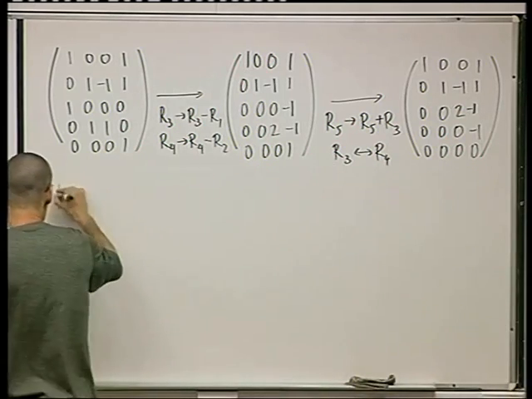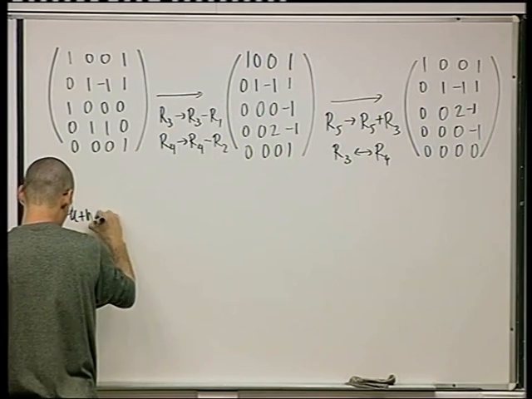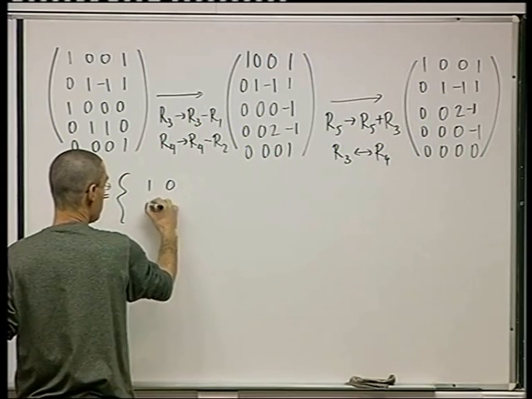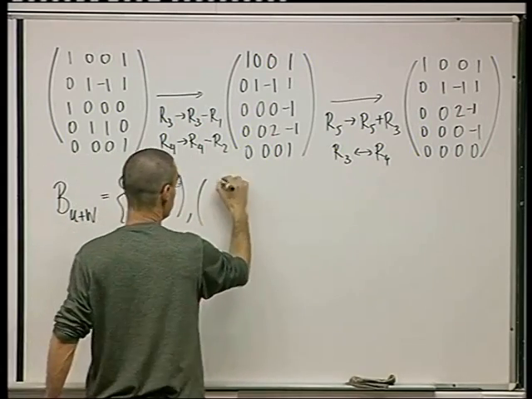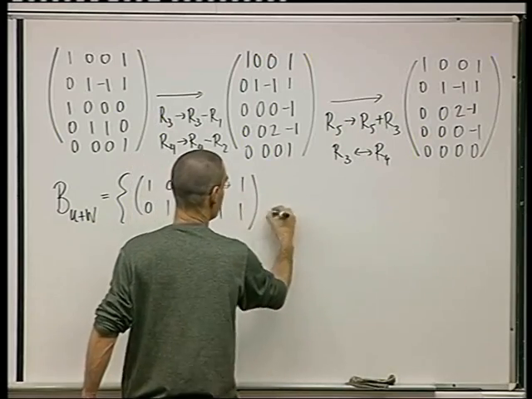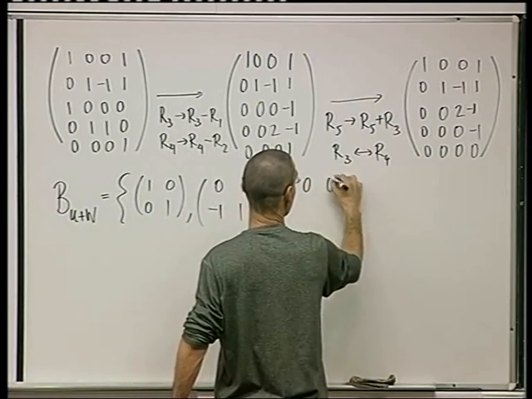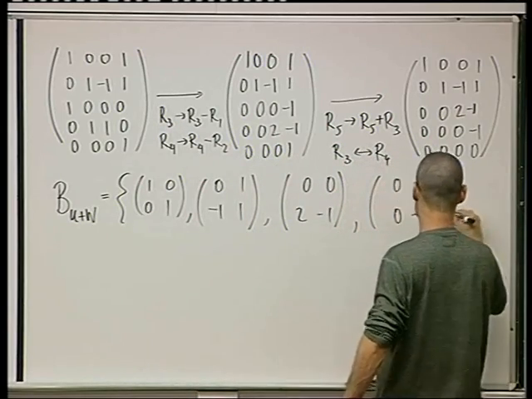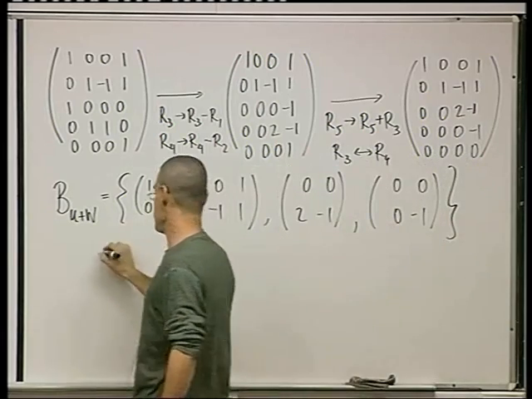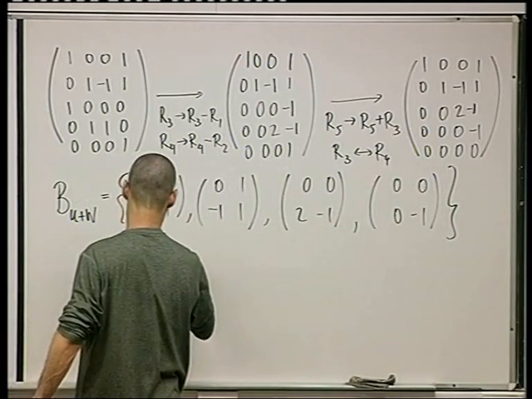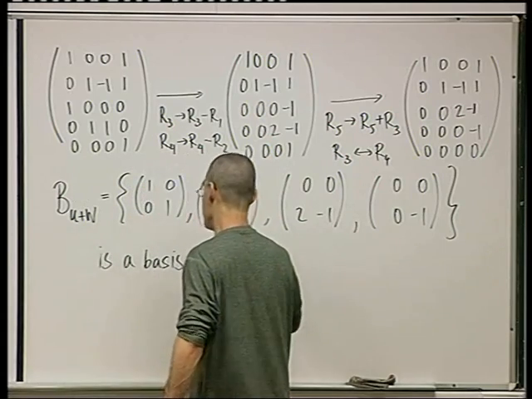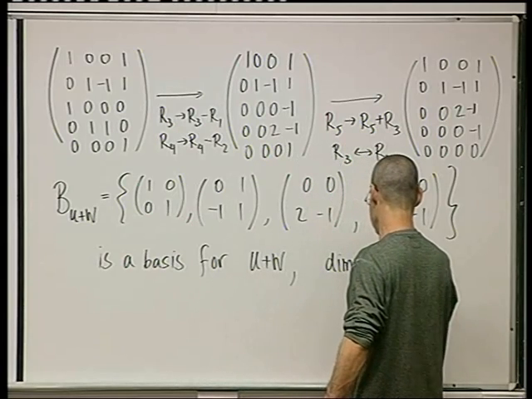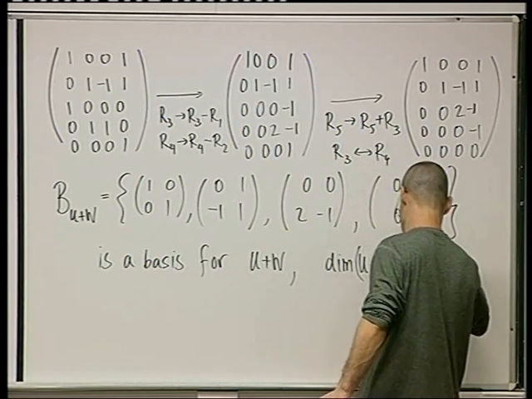So B, U plus W, which is the set of those 4 matrices, [1,0;0,1], [0,1;-1,1], [0,0;2,-1], and [0,0;0,-1], is a basis for U plus W. The dimension of U plus W equals 4.